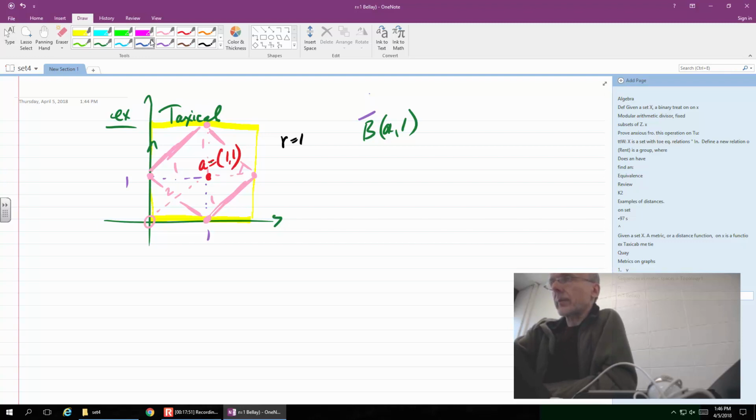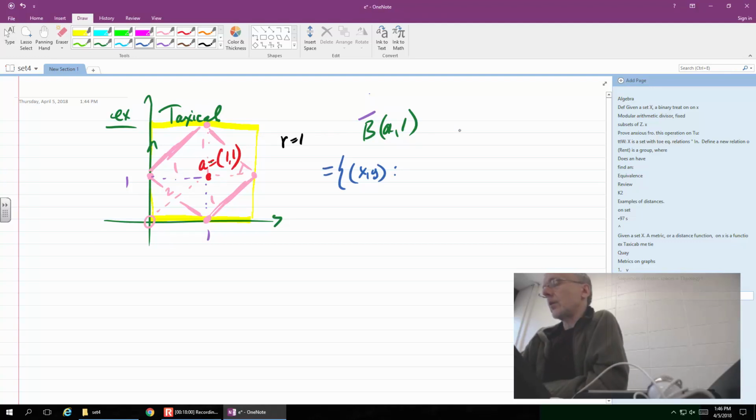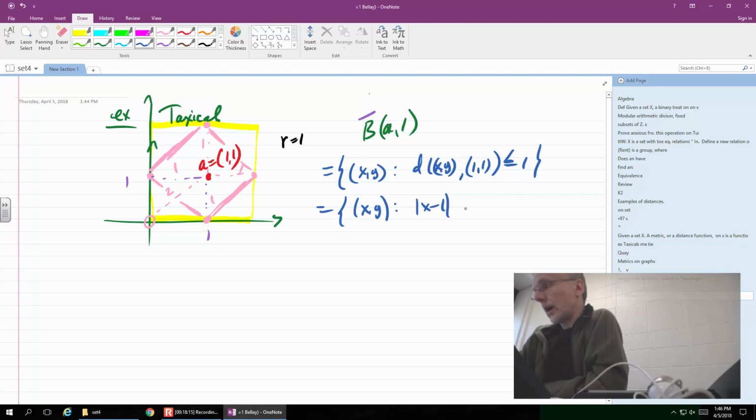Well, let's do it algebraically, just as an example. So that's my ball: the set of (x,y) such that the distance from (x,y) to (1,1) is less than or equal to 1. If I write out my distance formula, it will be simply |x minus 1| plus |y minus 1| less than or equal to 1.